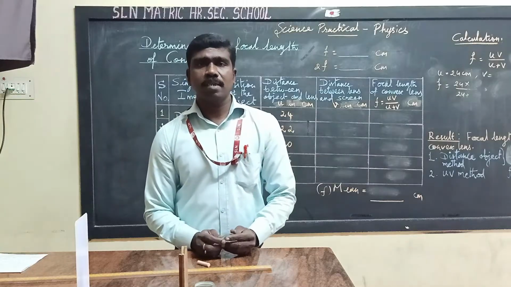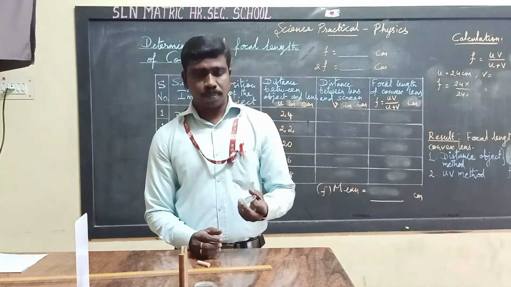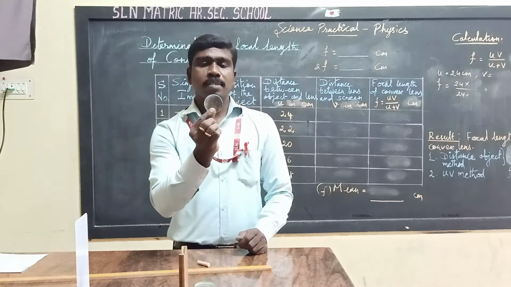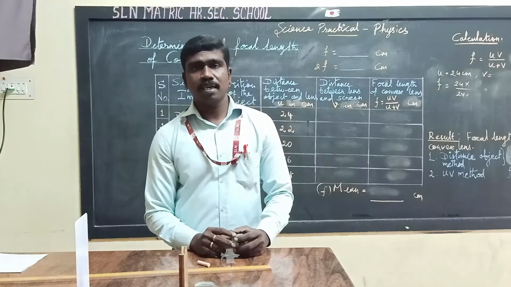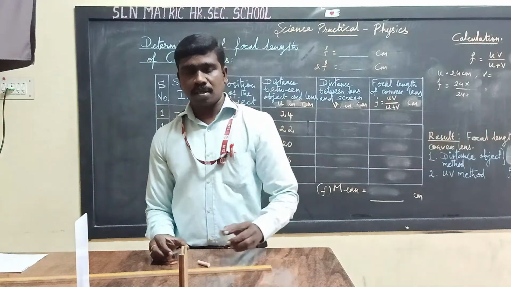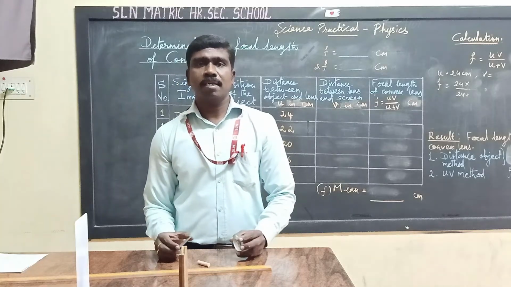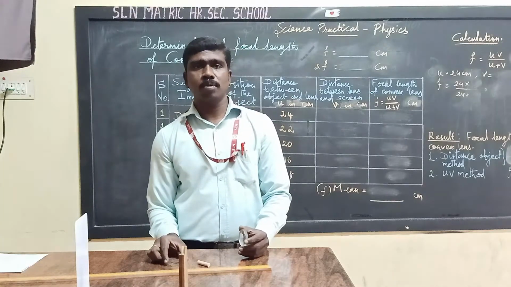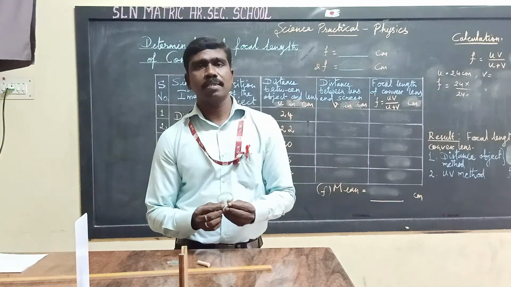A lens whose center is thicker is called a convex lens. Another lens we have is also a transparent material, also spherically bounded, but the center of the lens is very thin. It is called a concave lens.